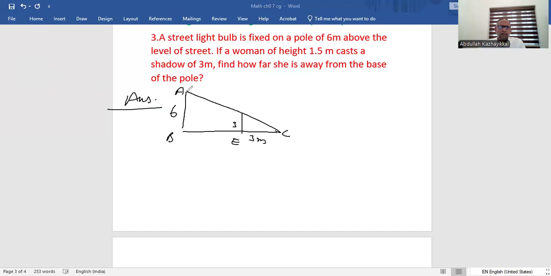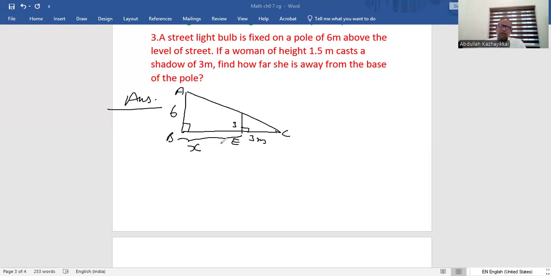Let me make this 90 degree. You know it is 90 degree. What do we have to find out here? How far she is away from the base of the pole. That means this is her distance, B, that means X.